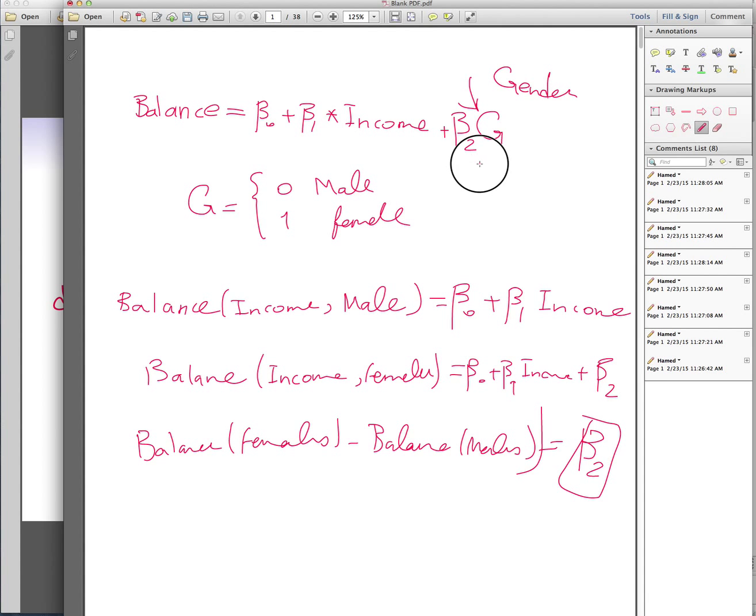So in other words, we can say on average, the difference of balances of males and females will be beta 2. Let's say this beta 2 is $10. So what we can say is that on average, the difference of males and females is $10. So females spend $10 more than males.